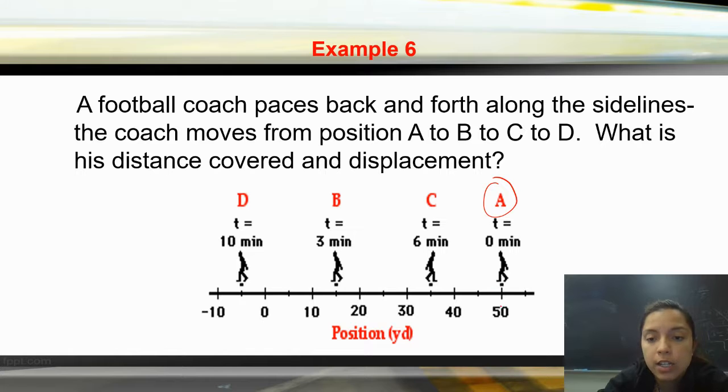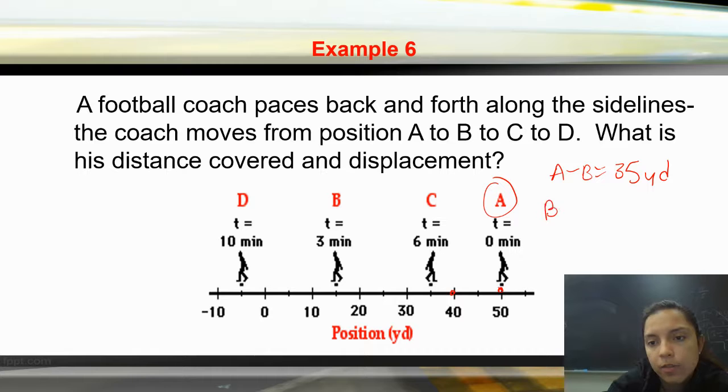So from here to here, we know it's 10, because it goes 50, 40. So he's going 10, 20, 30, 35. So from A to B is 35 yards.